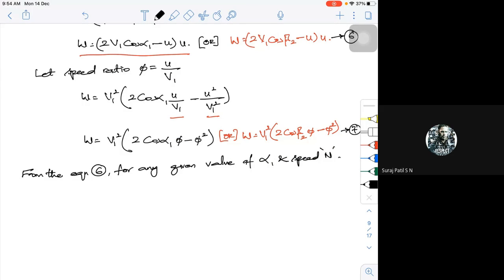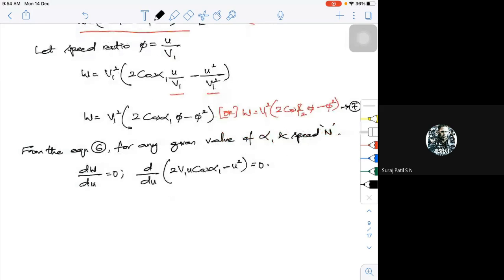If I want to maximize this, what should be the condition? I should be able to differentiate equation 6 with respect to U and equate it to 0. So that's what I'm trying to do here. So d by dU of this expression, I'll open the bracket, this will be 2V1 U cos alpha 1 minus U square, equal to 0.